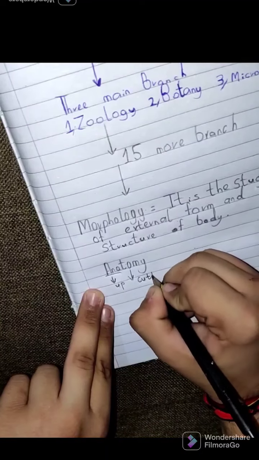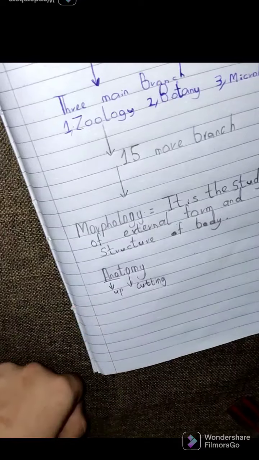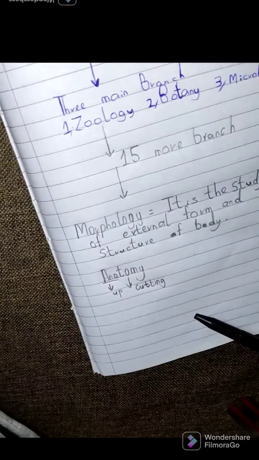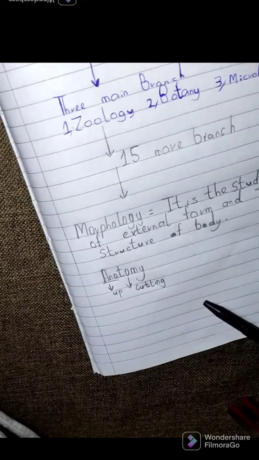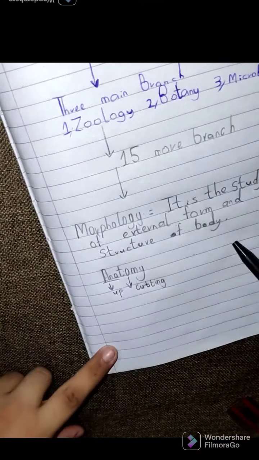So as I made clear, morphology is the study of the external form and structure of the body, the external parts like your foot, without cutting them. If you cut them, you will be going into anatomy. If you don't cut them and you are studying them externally, it comes in morphology.